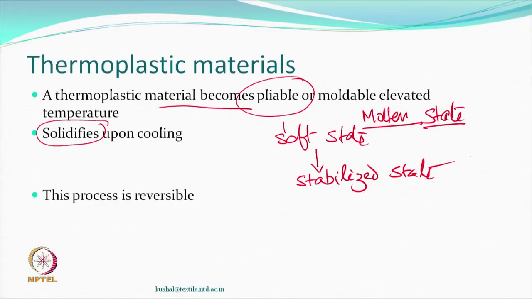So, this process of making it pliable and then cooling it to stabilize, let us say take it to 200 degree centigrade, let us say a polyester fabric, it will have some changes and after that you cool down to let us say room temperature and after that we are happy. For example, something like this could also happen, like you make a crease, right. So, this crease can remain stable for a long period, right.